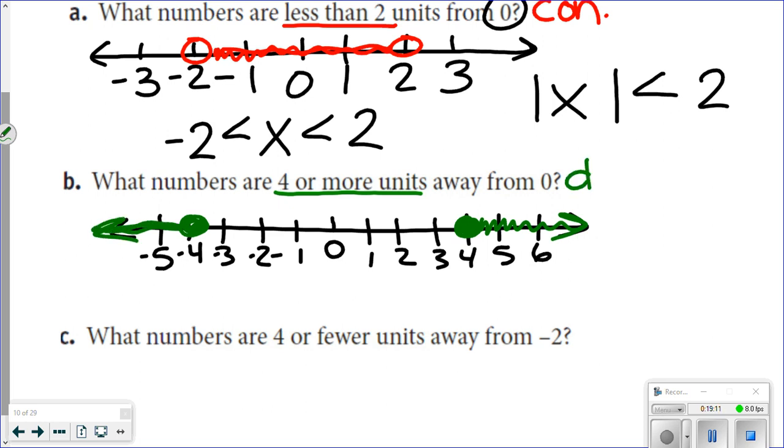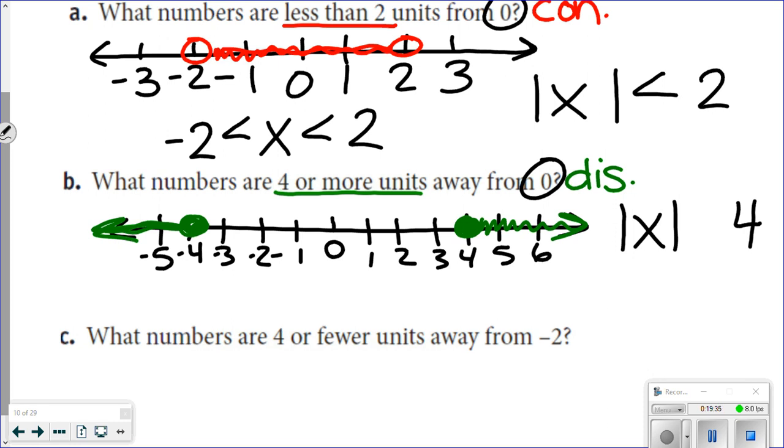Notice this time we have a disjunction. So let's start with our absolute value bars. X minus our starting number, but this time it's 0, so I'm not going to write that in. How many units away did we move? 4. And then we were 4 or more.